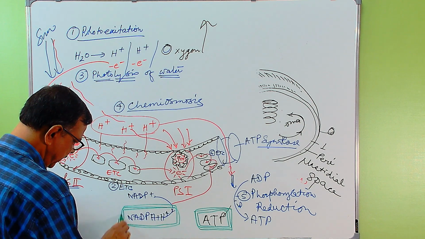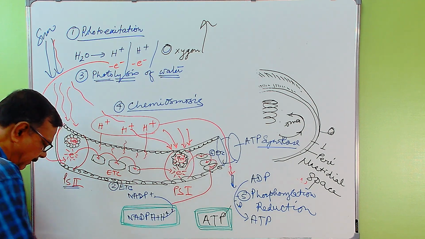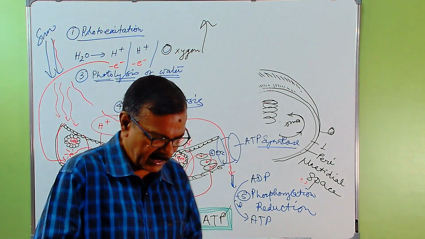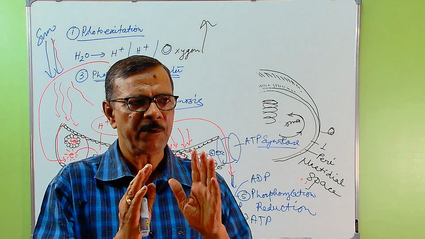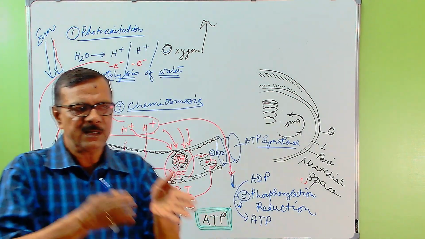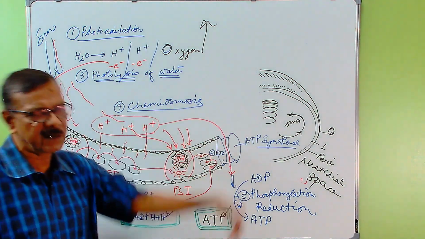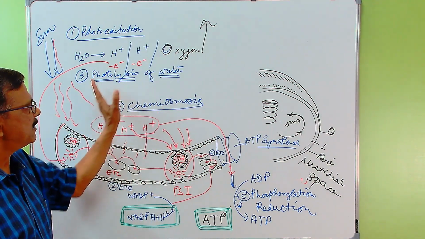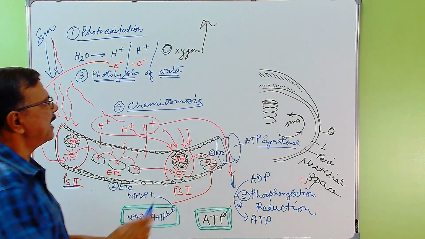These are the 2 main products for which we are looking, because we are mainly producing C6H12O6. That is our main aim. That is, the plant produces food. To produce the food, these are the systems. This is the light dependent phase, that is, it depends on the light.